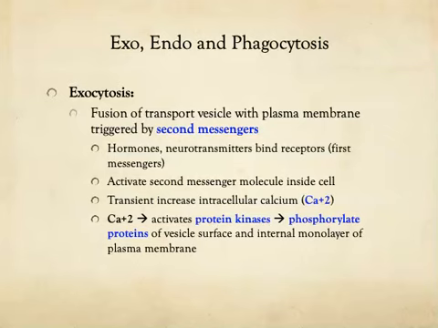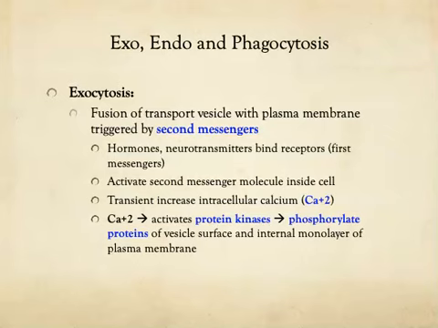So when the first messenger binds to a receptor, it activates an increase in intracellular calcium levels, and particularly calcium ions. This increased level of calcium ion is going to activate a type of enzyme called a protein kinase.